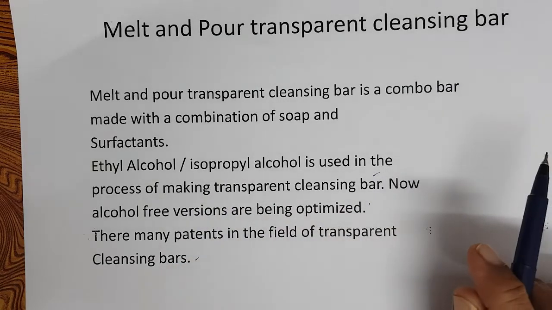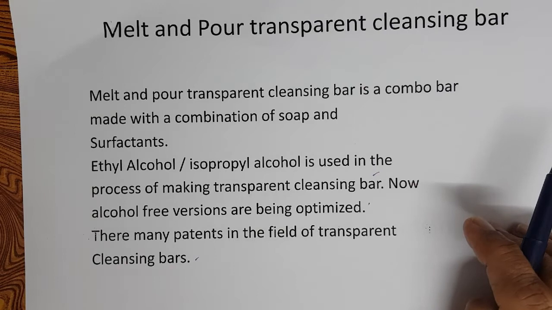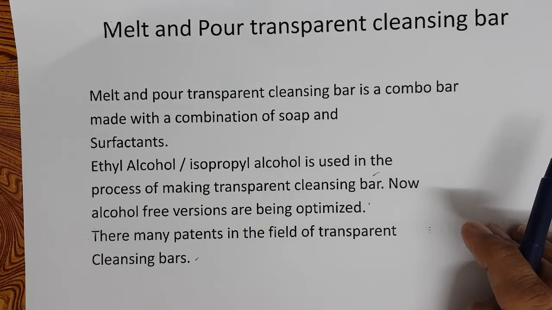Ethyl alcohol forms a very good solvent in transparent soap preparation, where the saponification is complete, and in the presence of alcohol the foaming of the soap while forming is reduced, and so the transparency naturally improves.